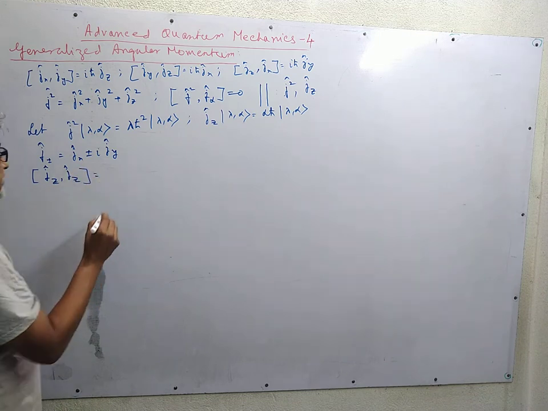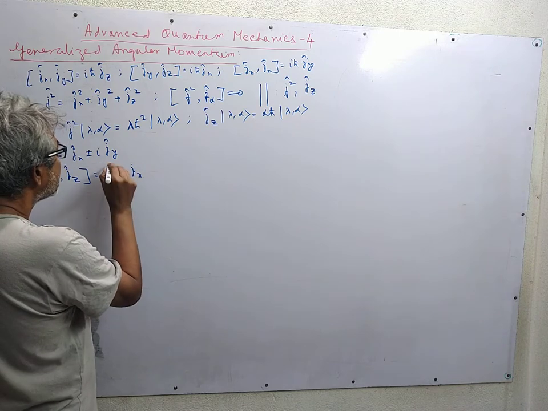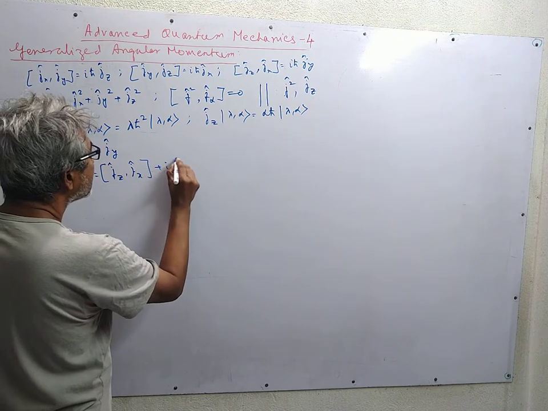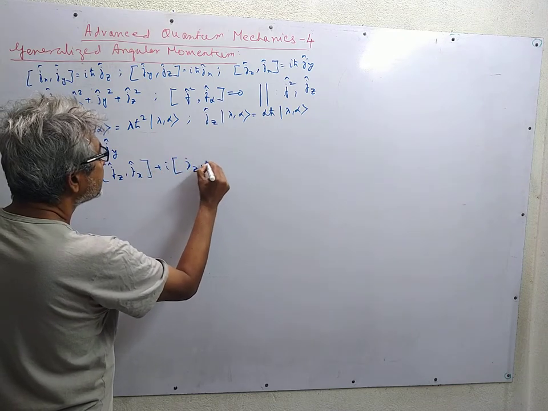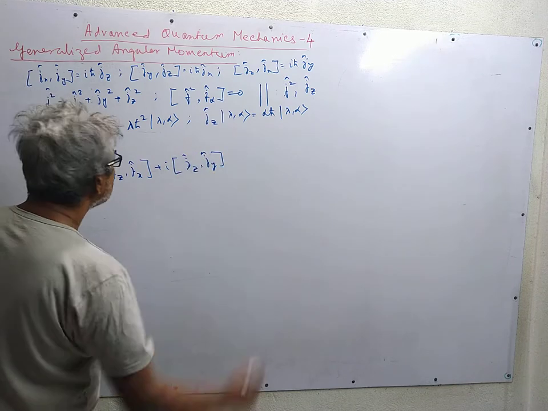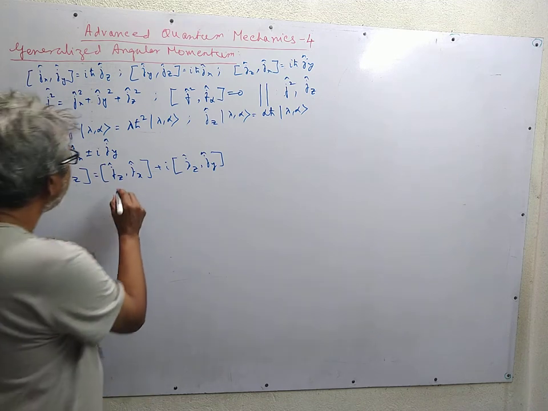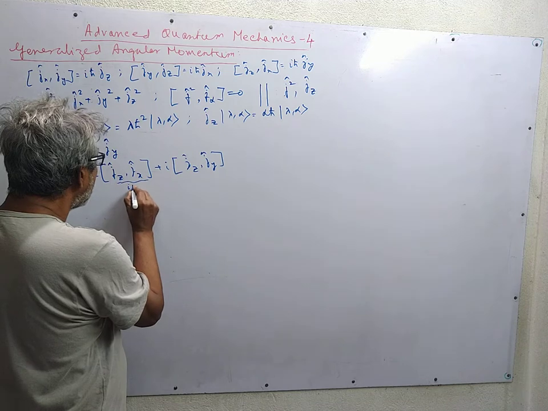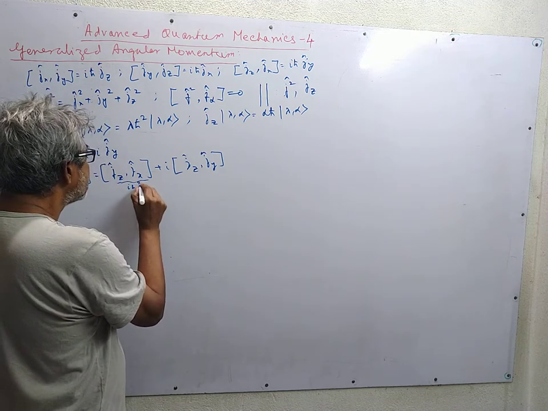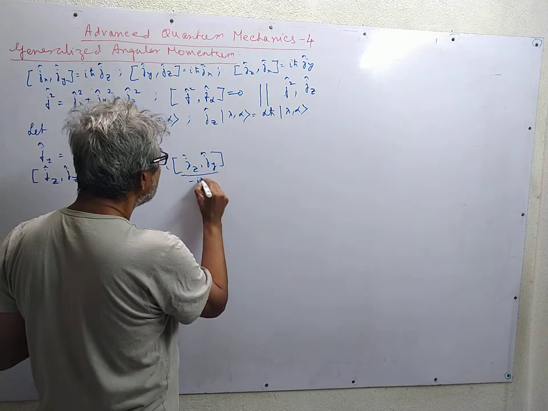This commutator is [Jz, Jx] + i[Jz, Jy]. Here [Jz, Jx] is iħ Jy, and [Jz, Jy] is minus iħ Jx.